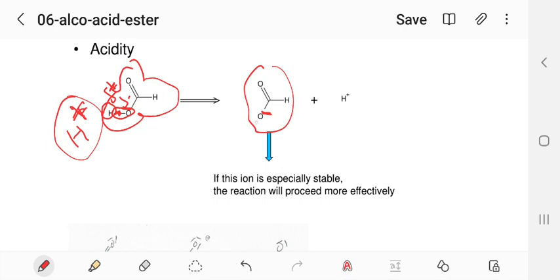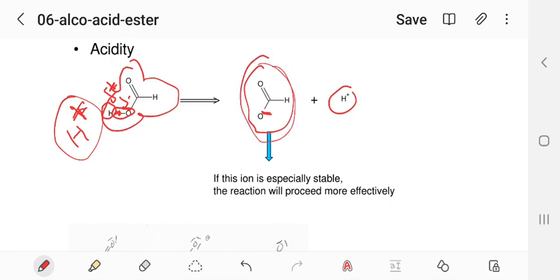Because then it can bond to another cation, and the H will be replaced by another cation coming from another molecule, and a certain reaction can take place.